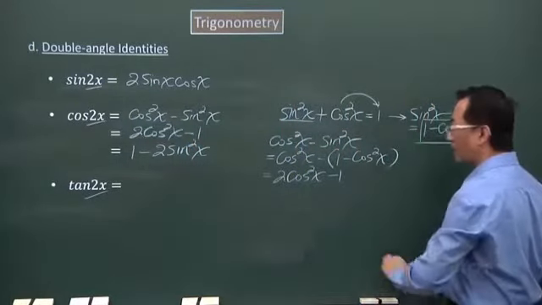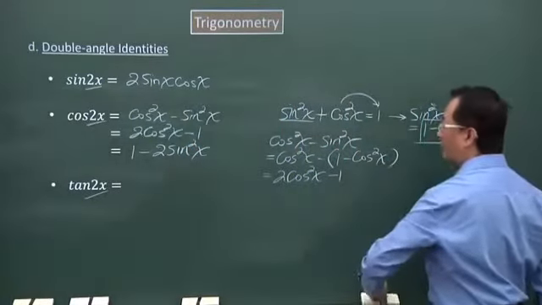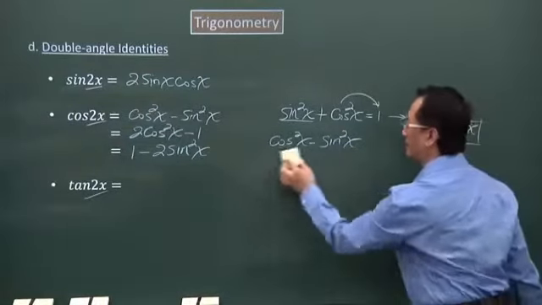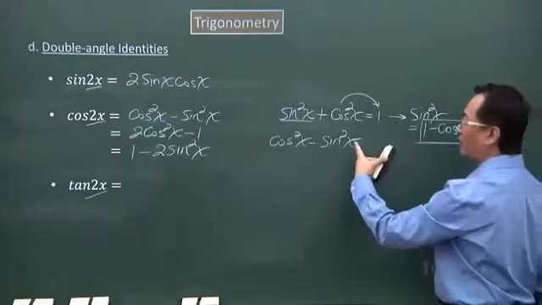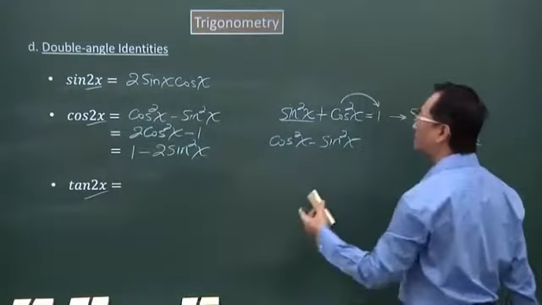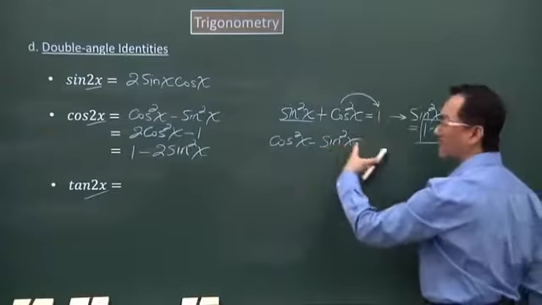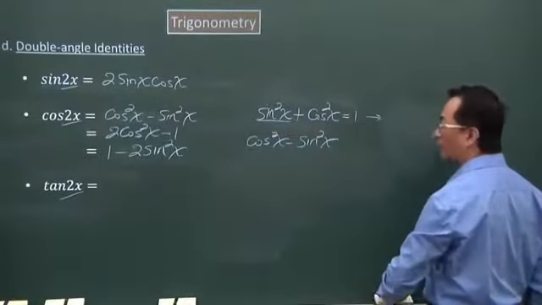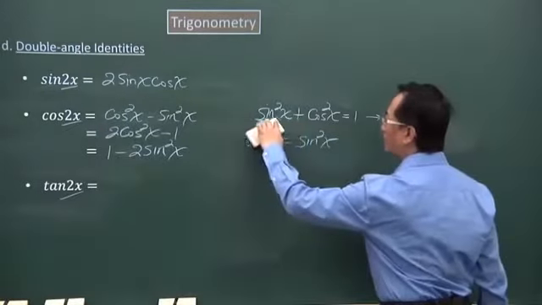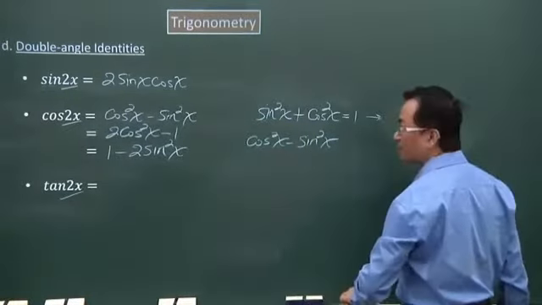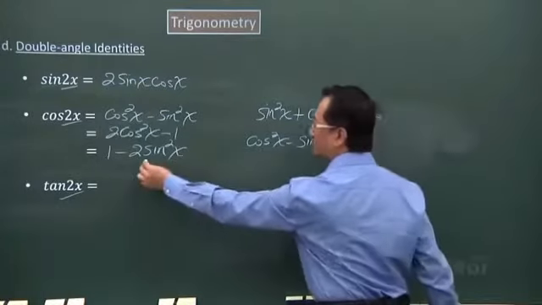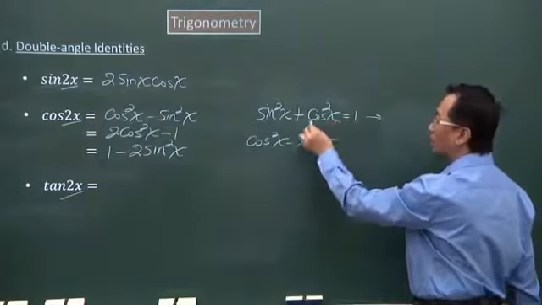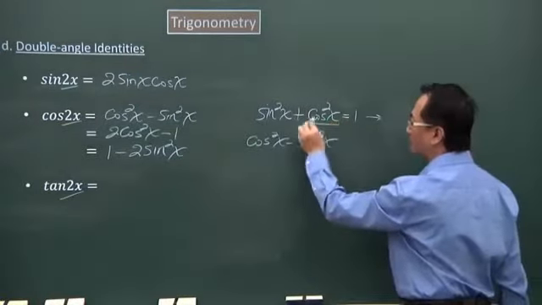Again, let me just show us how we can derive this third one from this expression. Because we want the expression to be in terms of sine x, we will have to make cos squared x the subject.